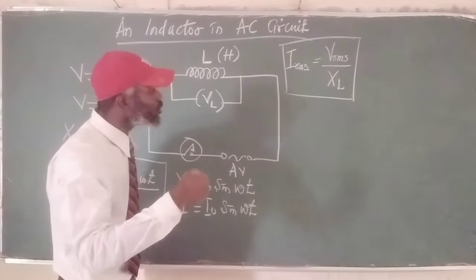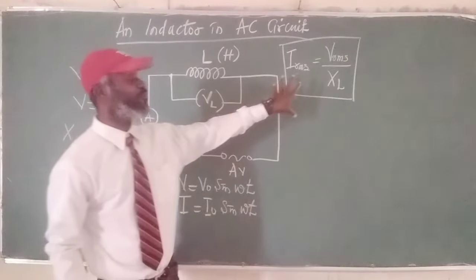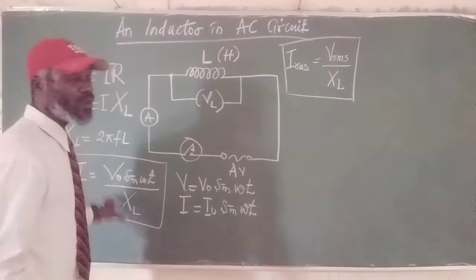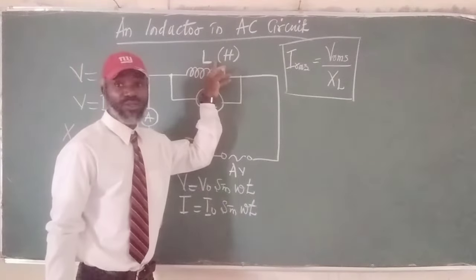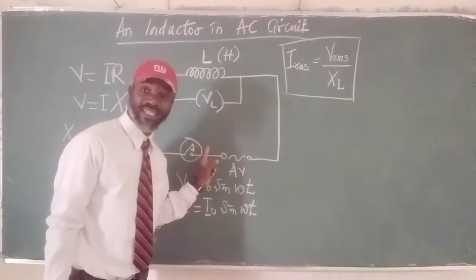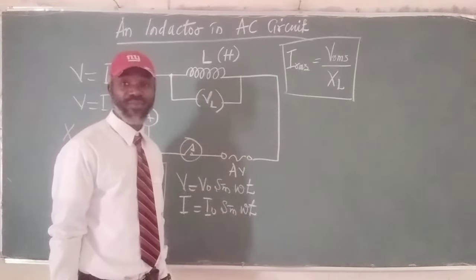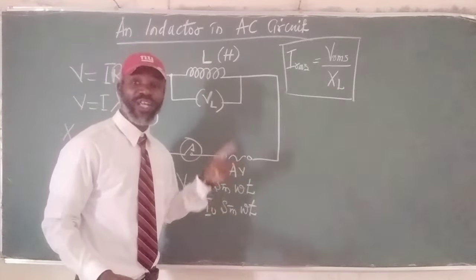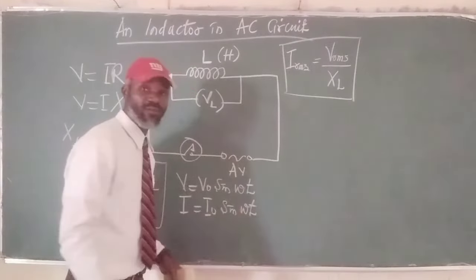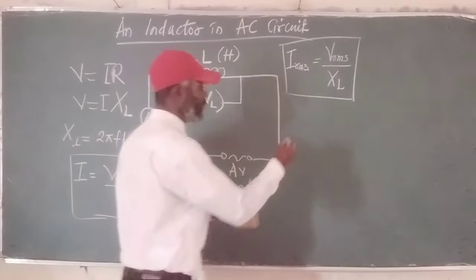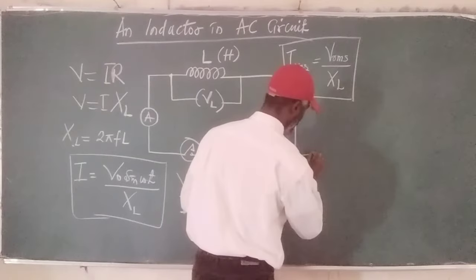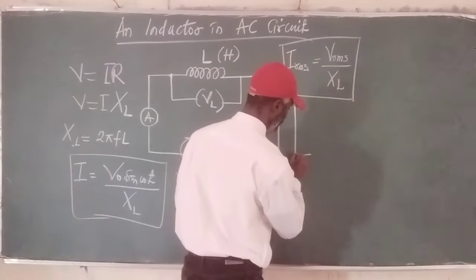The next thing we need to know, now that we have found the current, is the behavior of the inductor offering some amount of inductance when it is connected in AC circuits. How does it behave with the alternating voltage source?